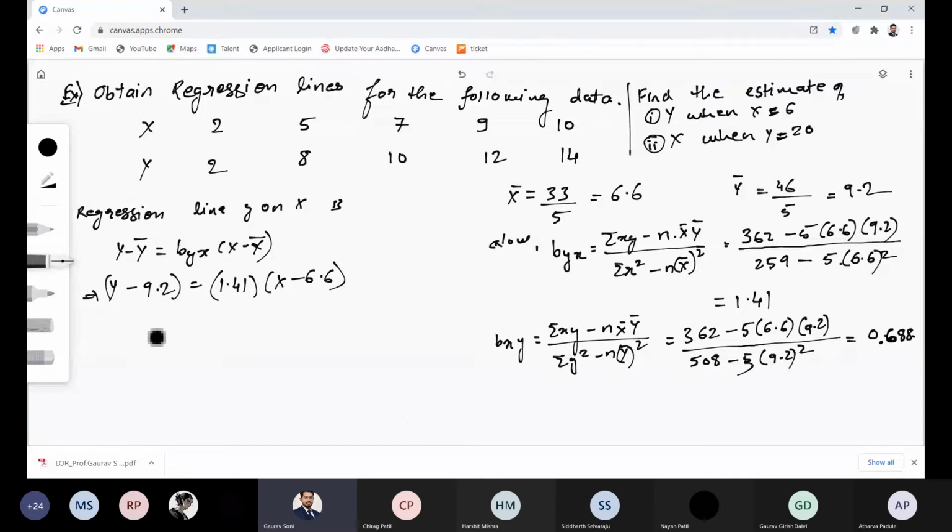So this can be further simplified and written as y is equal to 1.41 x minus 1.41 into 6.6 plus 9.2. So the equation is, what is the constant term?